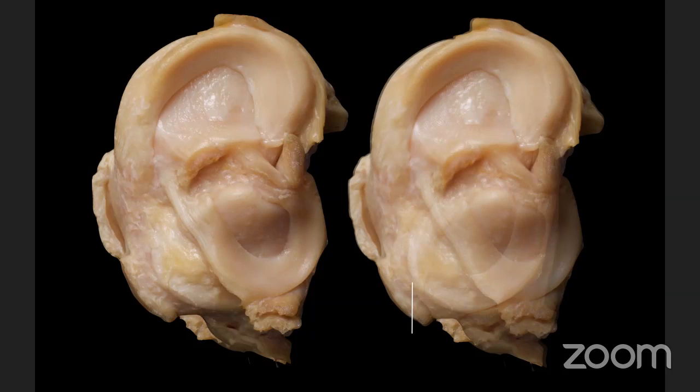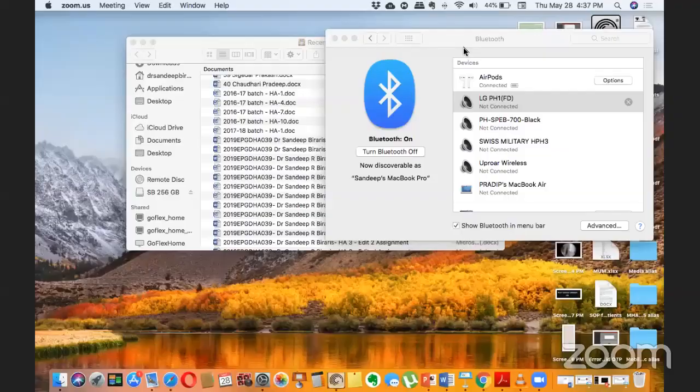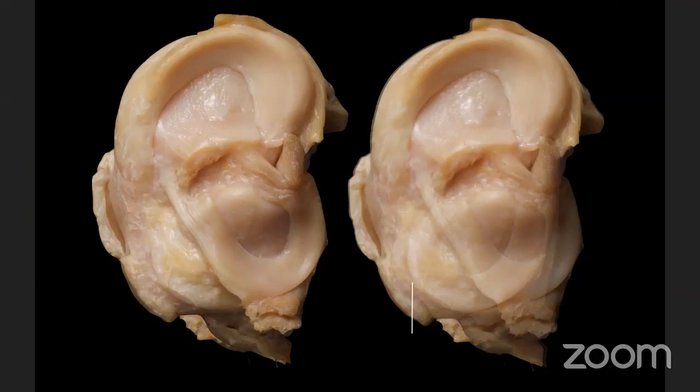If anyone shares his screen, I think that will automatically go, no? Yeah, that will automatically go. I think it will work now.